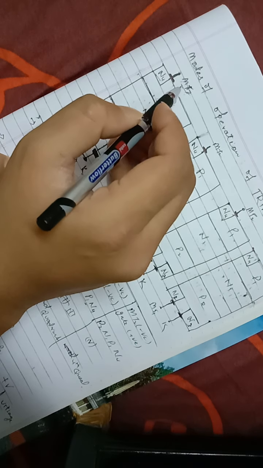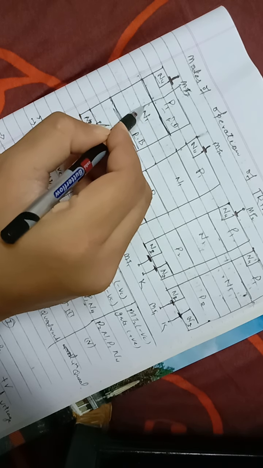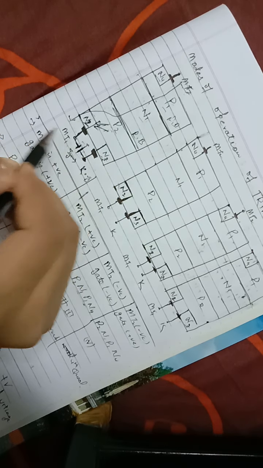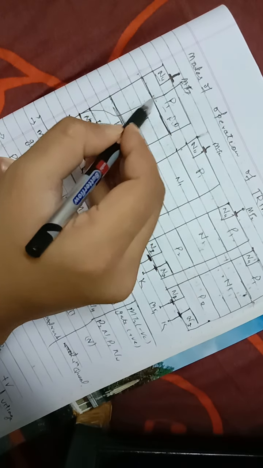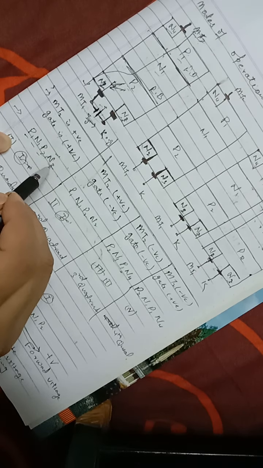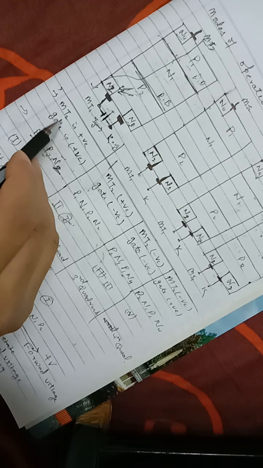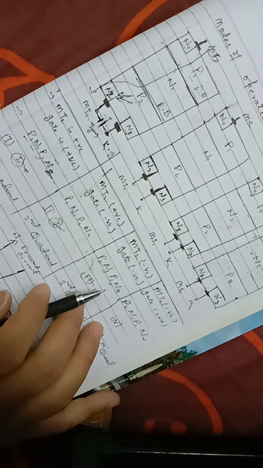The current will flow from the MT2 terminal through P1, N1, P2 and N2. This is how the current flows when MT2 is positive and gate is positive. This is the first mode of operation.